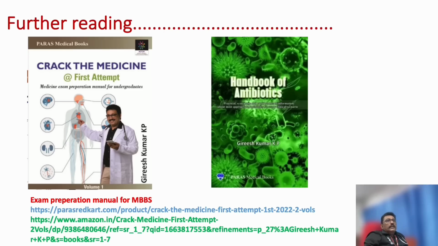So we have discussed one of the important problems in the emergency room, that is antibiotics. Many doctors who work in the emergency room may not have very good knowledge about antibiotics, because for starting proper antibiotics, you need to know about the organism, the infectious diseases, the antibacterials, and the penetration of antibiotics to various areas.